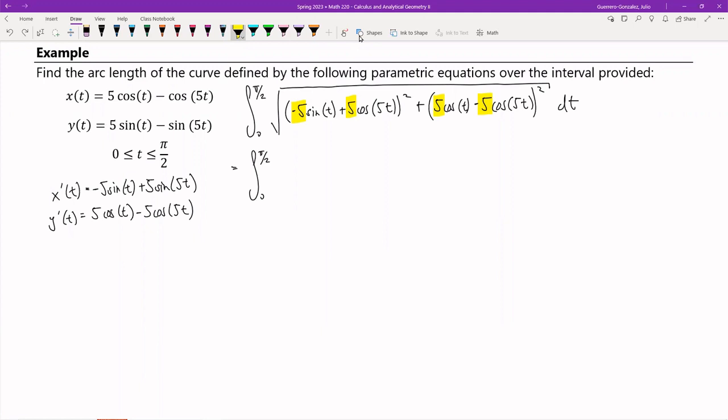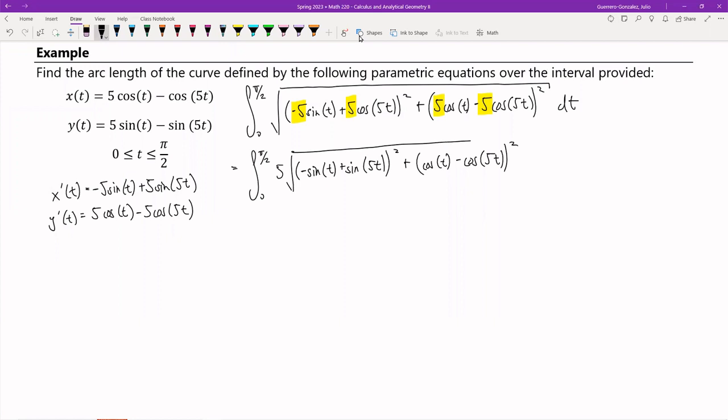And then I can pull it out in front of the square root, and I'm going to have the square root of 5 squared. So the square root and the square cancel out. This now reduces down to 5 times the square root of, let me not put the roof on it again, minus sine t plus sine of 5t, quantity squared, plus cosine of t minus cosine of 5t, squared.